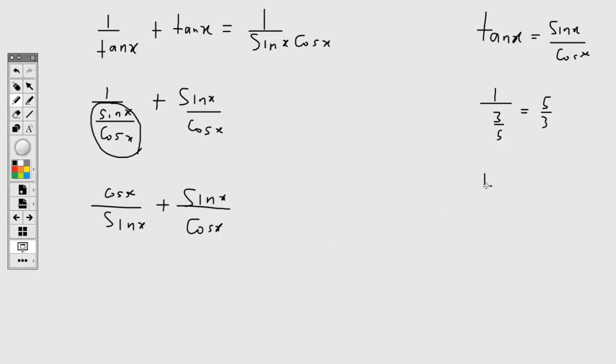Now, LCM, we know how to do LCM. If I have a half plus 1/3, you see the LCM is 6, where I can say 2 times 3 is 6. So it's the same concept here. Just like how we say 2 times 3 is 6, I'm going to say sin x times cos x, that's sin x cos x.